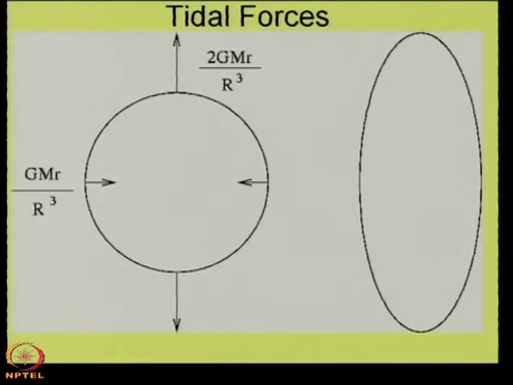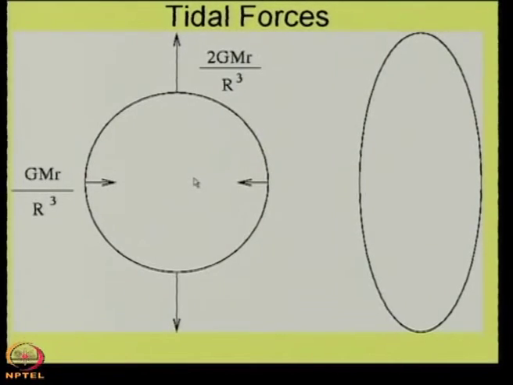Okay. But that acceleration has a different pattern on the surface. So, if the moon is up here or down here, see, it is symmetric. If the moon is up here or down here, then the acceleration is outwards along the direction of the moon, it is inwards perpendicular to the direction of the moon. Okay.